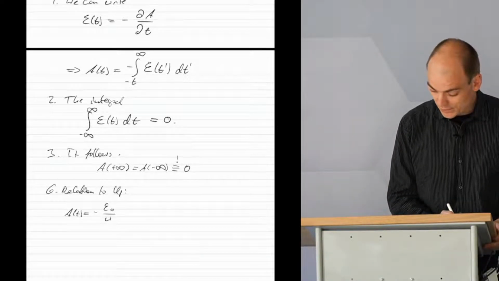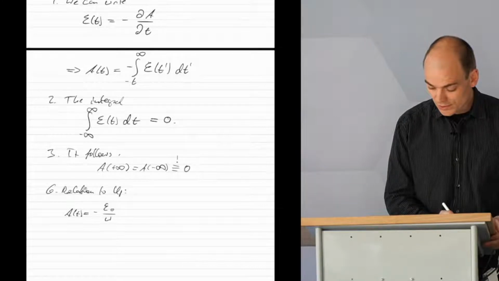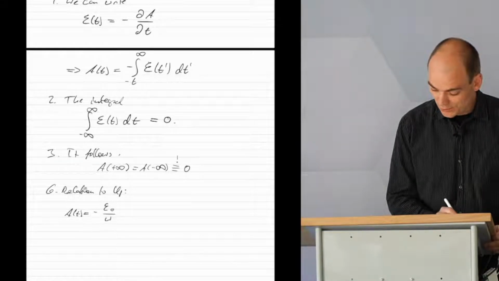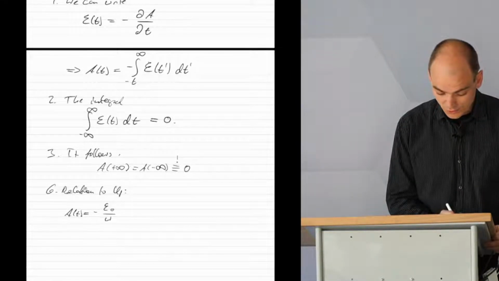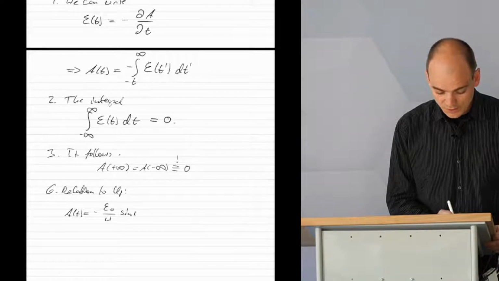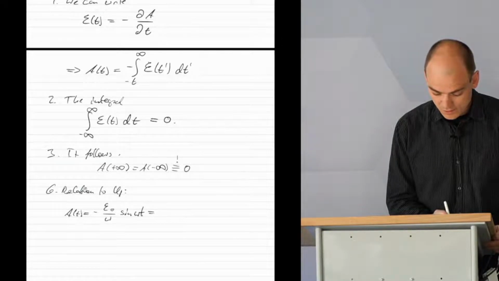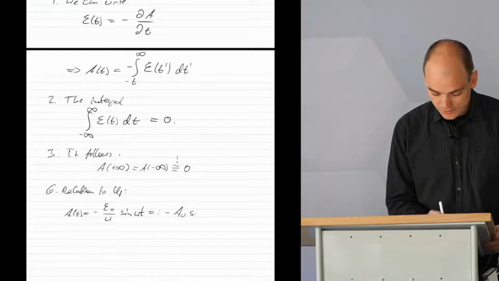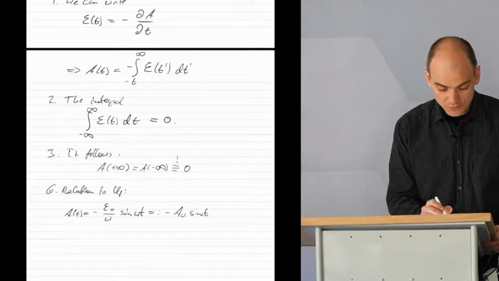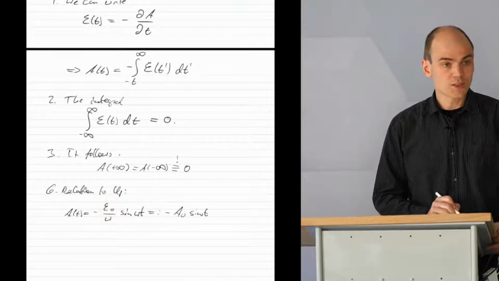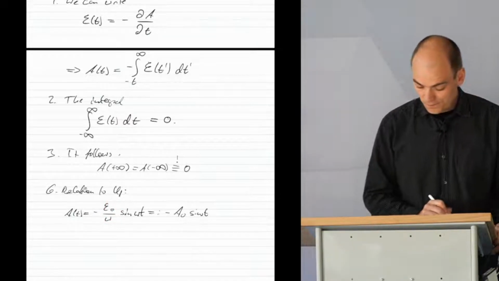If we plug in our usual E equals E0 times cosine omega t, then we get E naught over omega times sine omega t, and this is then minus A naught sine omega t. So the amplitude of the vector potential is simply E naught over omega.